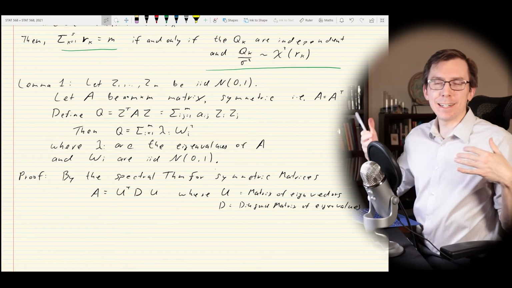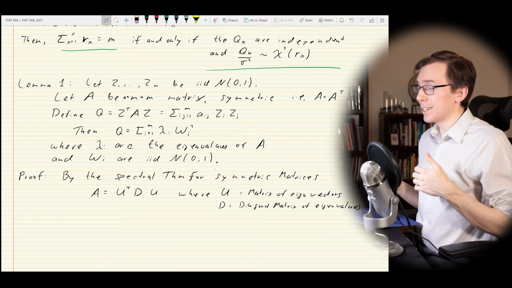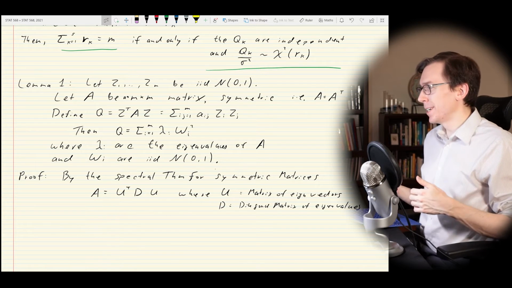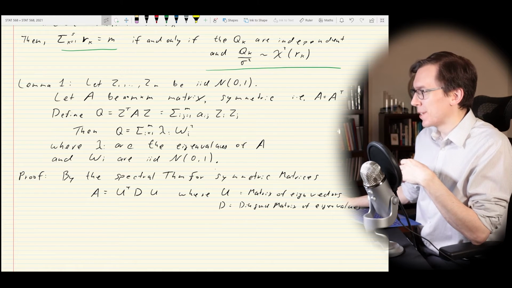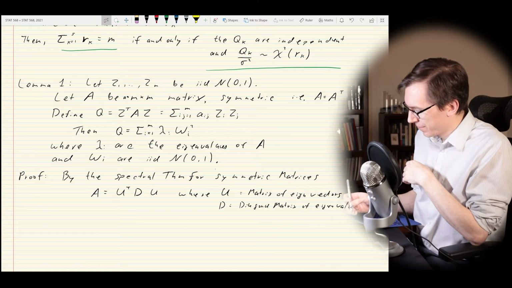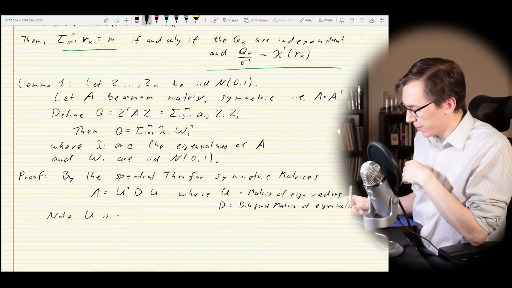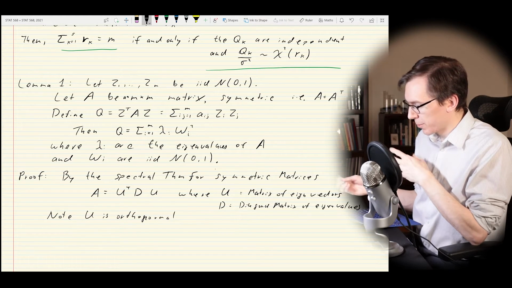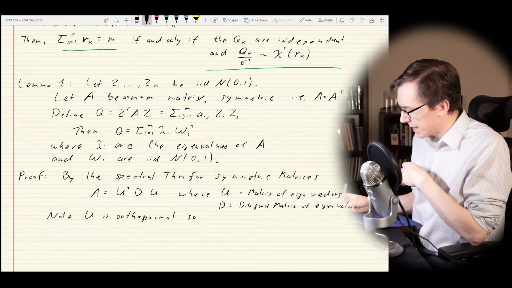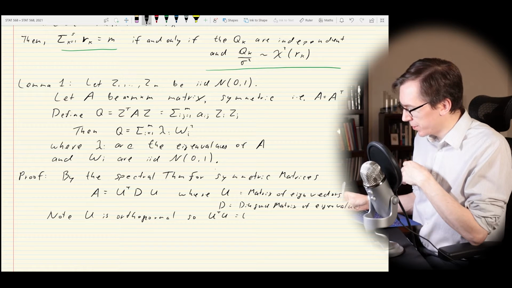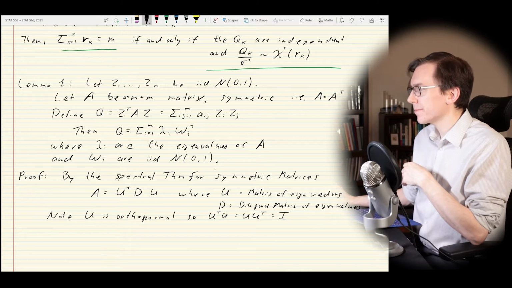So we can decompose a symmetric matrix in this way. The matrix U is orthonormal, which means if I multiply it by its transpose, I get the identity out. Note that U is orthonormal. I was going to write orthogonal, but in this case, orthonormal. So that means that U transpose U is equal to U U transpose, which is equal to the identity.